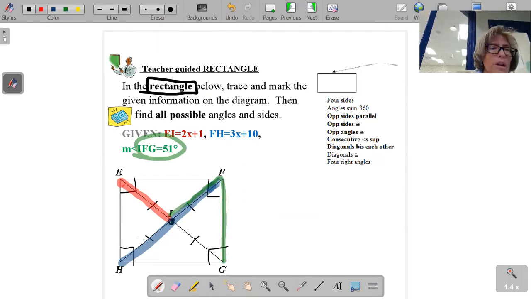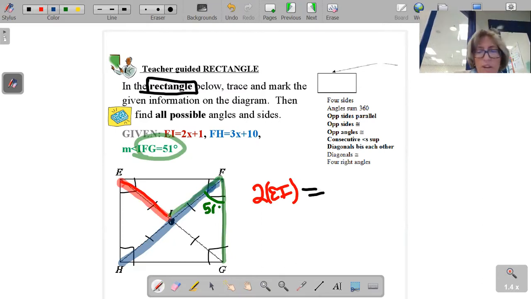IFG, this angle right here, is 51 degrees. We want to find everything possible. Let's start with our variables. What is the relationship between the blue and the red? What you should notice is that 2 reds, 2 EIs, make 1 blue, FH.